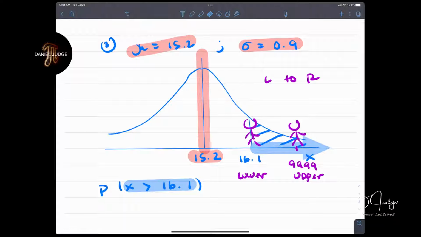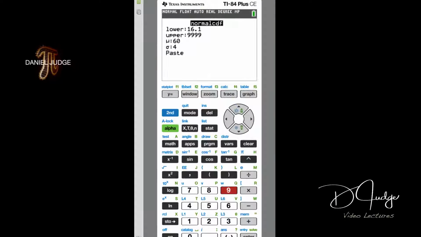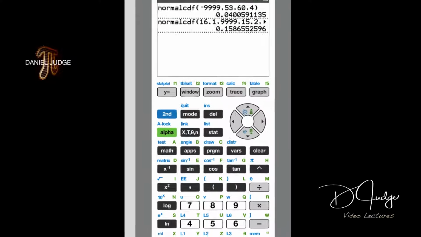You have a mean here of 15.2 and a standard deviation of 0.9. So in the TI, we get that option. Scroll to the next field, the mean, 15.2, and the standard deviation of 0.9. We're going to hit paste. And ladies and gentlemen, what you see here is the answer here.